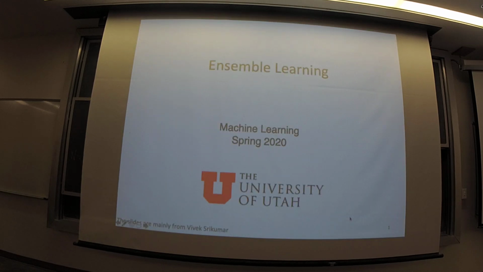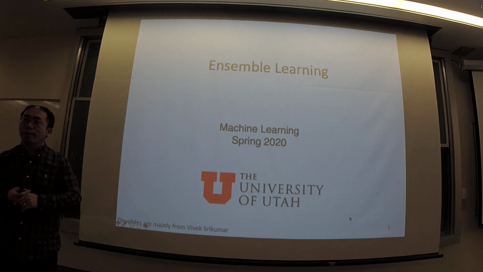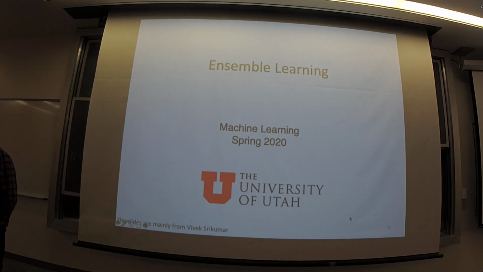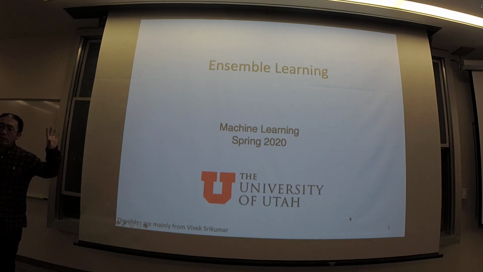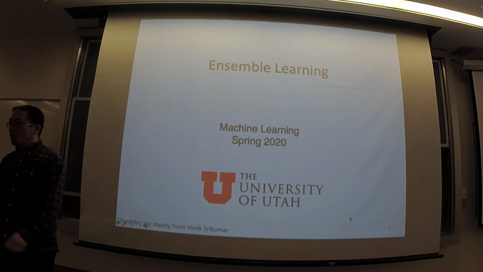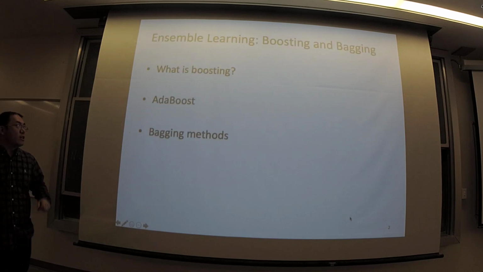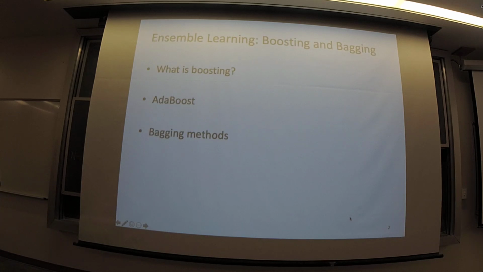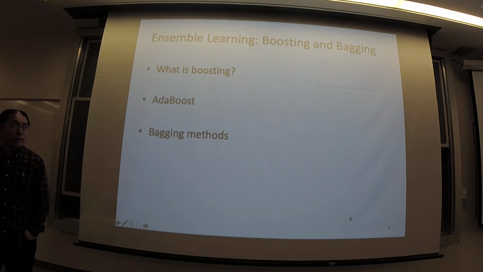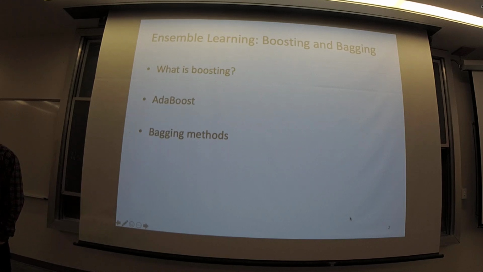We now return to the practical world. Ensemble learning is a very widely used, very successful, very classical machine learning strategy. It reflects the philosophy that two heads are better than one. The strategy is to combine a set of weak classifiers together in a smart way, and you end up with a very strong classifier. It's called ensemble learning. We mainly focus on two strategies to conduct ensemble learning. One is called boosting, and the other is called bagging.